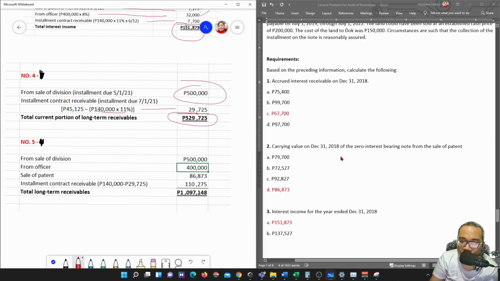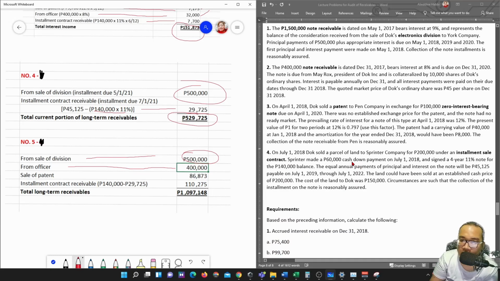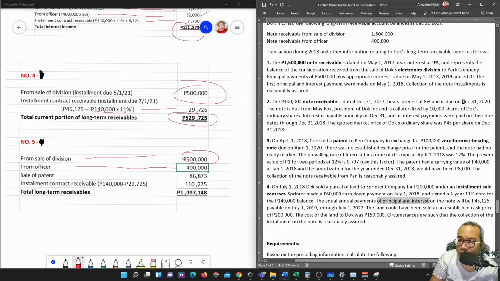Ngayon, going to the long term, ito yung non-current, due and demandable for the next year pa. So ito, yung natitirang 500. Yung from the officer, kailan yung due date ng utang ni officer? Next year pa, sa 2020 pa. Yung sale of the patent, kailan yung due date?